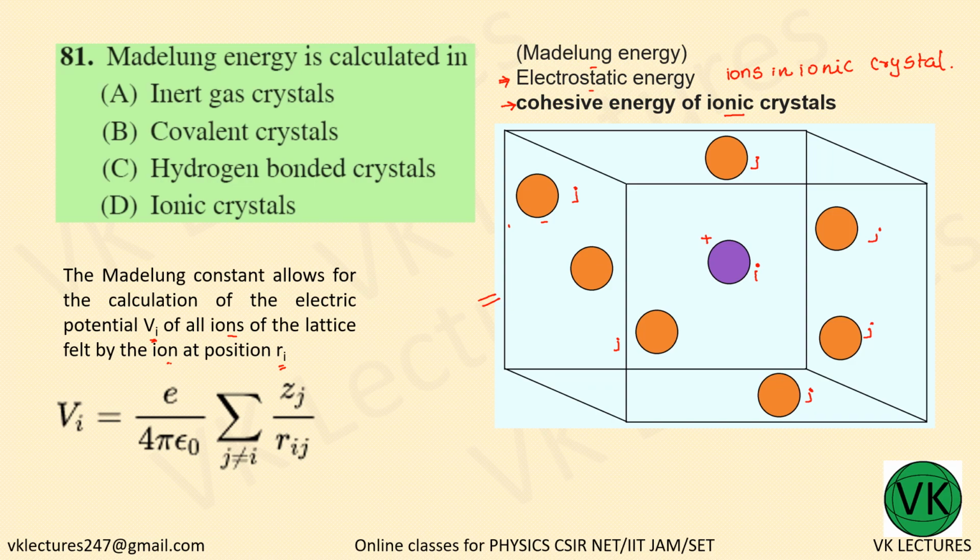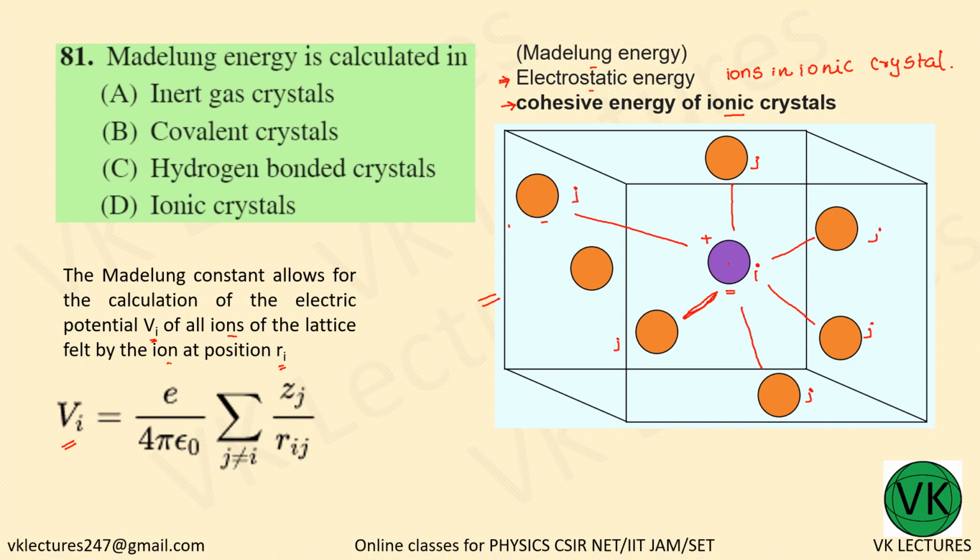Now what is this Madelung constant or Madelung energy? It is the potential of this particular ion, that is the positive ion at the center, due to all these ions or charged particles, electrostatically. We can say this is the sum of all the electrostatic energy or the potential due to the neighboring ions.